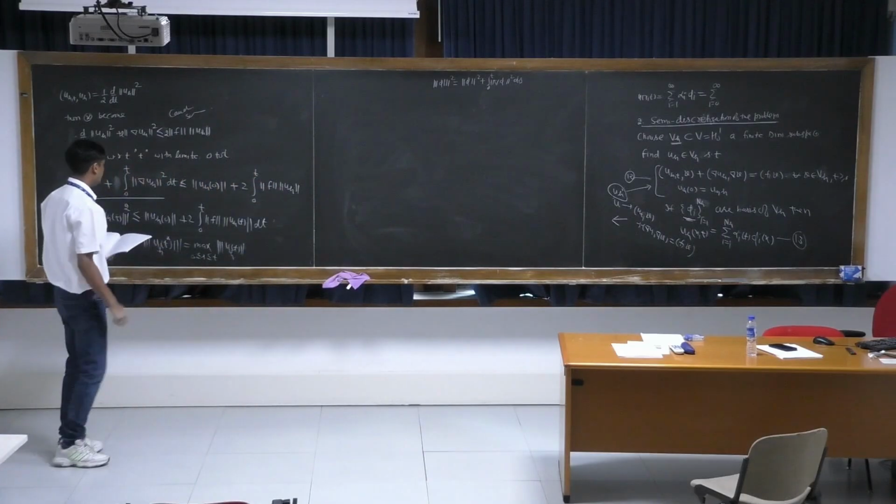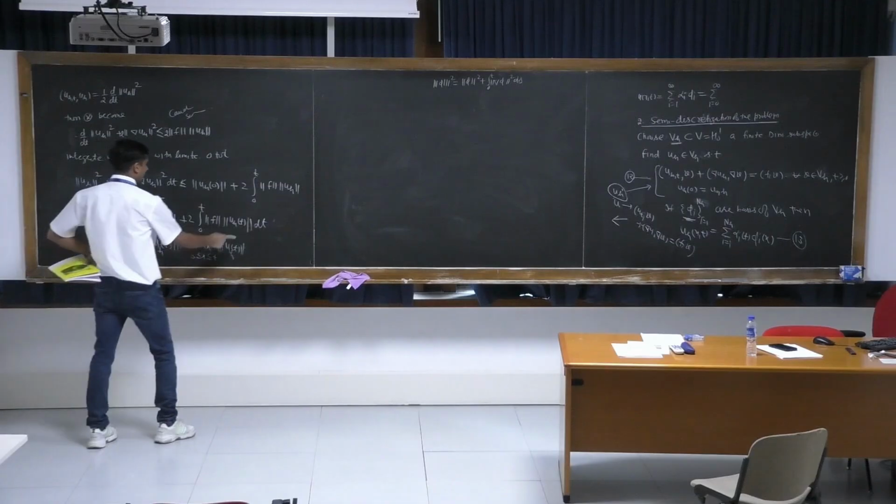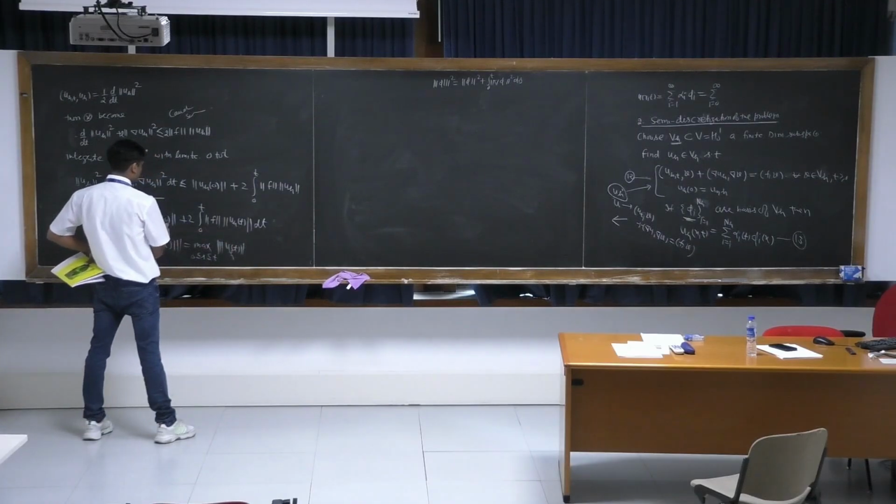Now one thing you can see in this one, I am taking the maximum for T outside, because this is also some particular T equal to 0. So this guy is the maximum of all this.